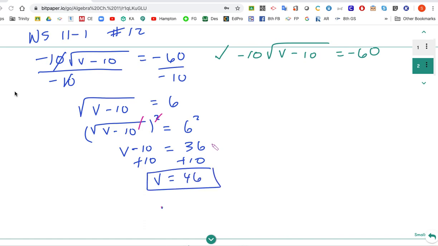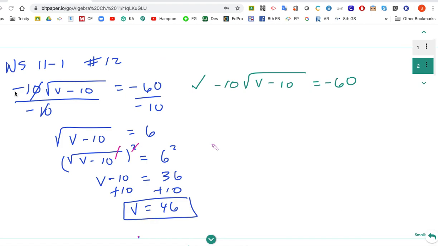That's what we think. So now we're going to come over here and check it. Negative 10 times the square root of 46 minus 10 is equal to negative 60.